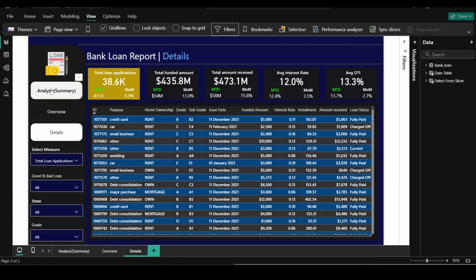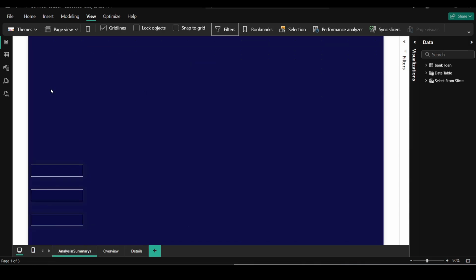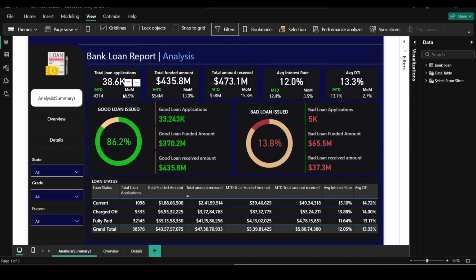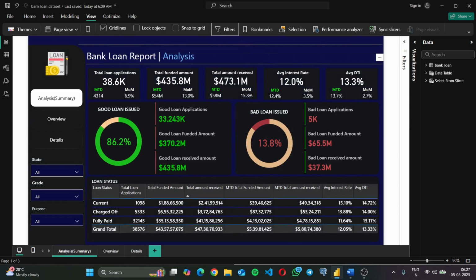So let's start with the first page, that is the summary page. Here, as you can see, I have included 5 different KPI cards, the first being total loan applications. This is the total number of loan applications received by the bank from the users. It also shows a cumulative figure of 38,600, and it also shows broken out month to date calculations as well as month on month calculation.